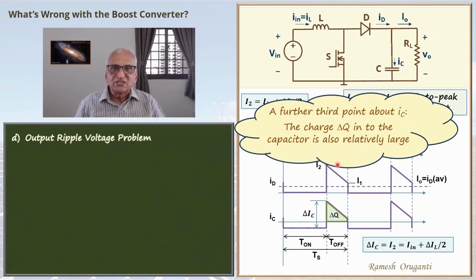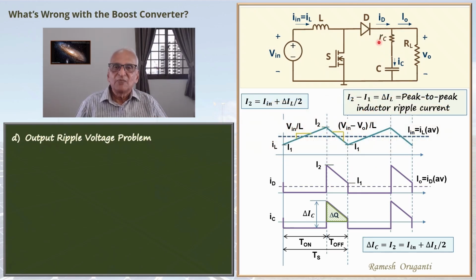The boost converter shares this property with a few other converters such as the buck boost converter, for example. Suppose you have an equivalent series resistance in the capacitor. Then due to the high ripple current, there will be an additional ripple voltage developed in the capacitor. So the ESR can create a problem.